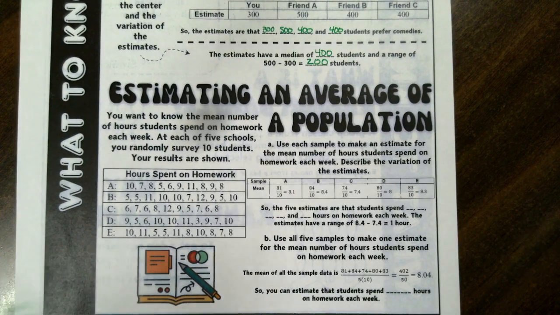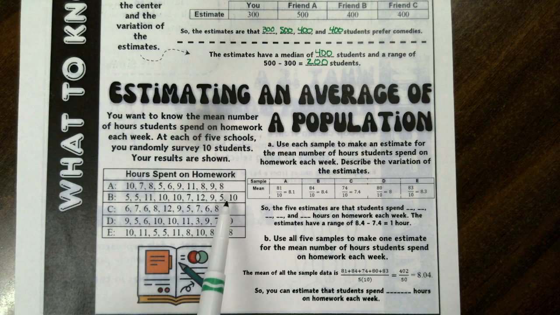So here's our first question. Use each sample to make an estimate for the mean number of hours students spend on homework each week. Describe the variation of the estimates. So the first sample, if I add all these together, there was 81 hours spent. I asked 10 people, so I'm going to do 81 divided by 10, and I'm going to get 8.1.